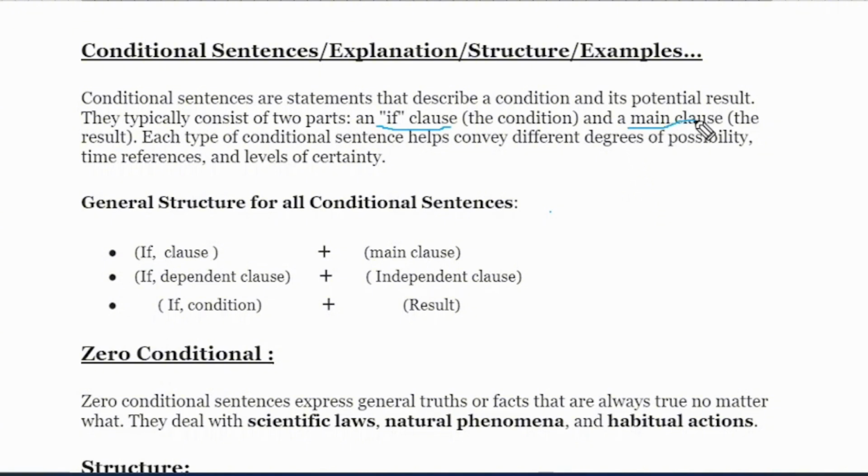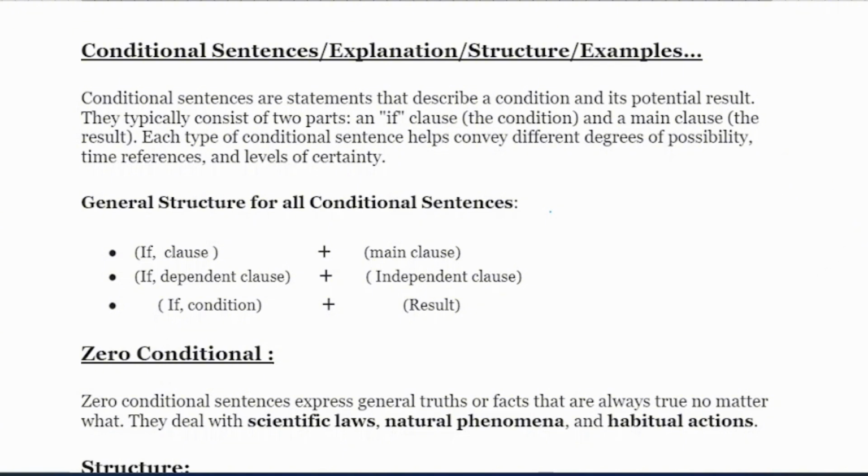Each type of conditional sentence helps convey different degrees of possibility and levels of certainty.